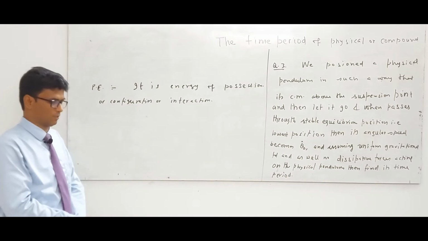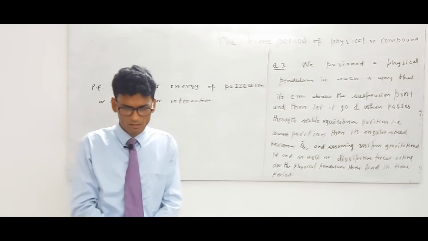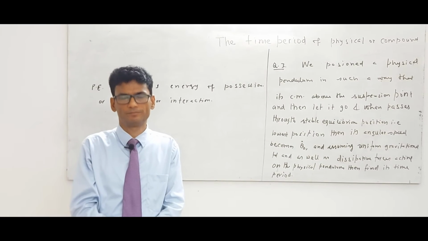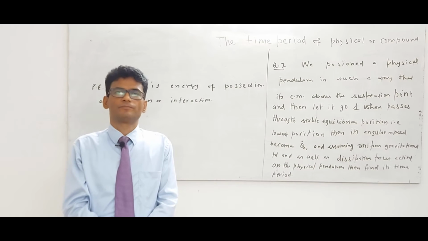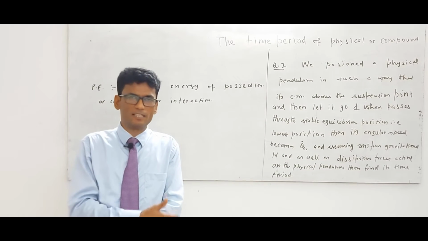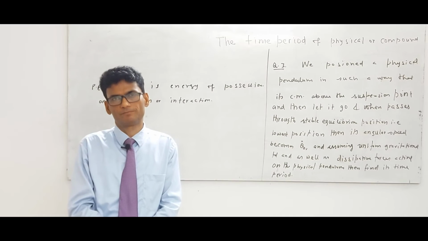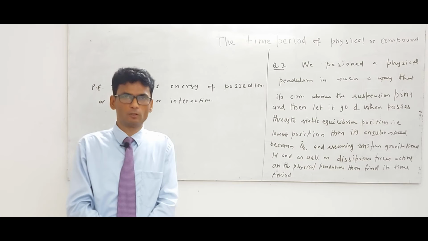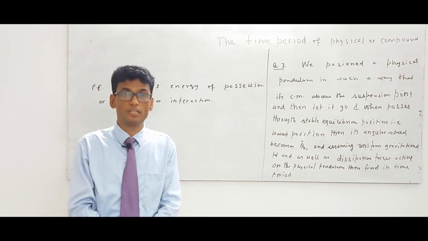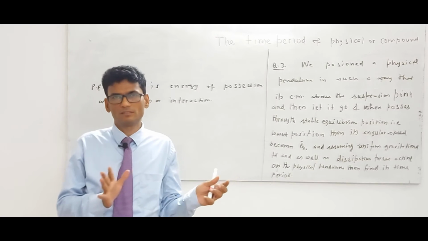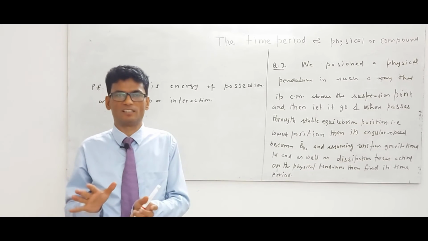The last one is very important. Suppose you have a single particle system, then one cannot associate potential energy with it, because a single particle is not able to interact with any other particles. So once there is no interaction, then there is no creation of potential energy.